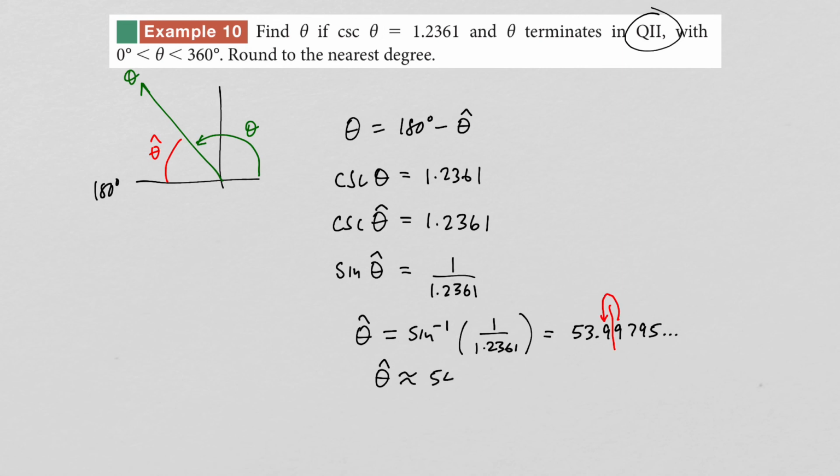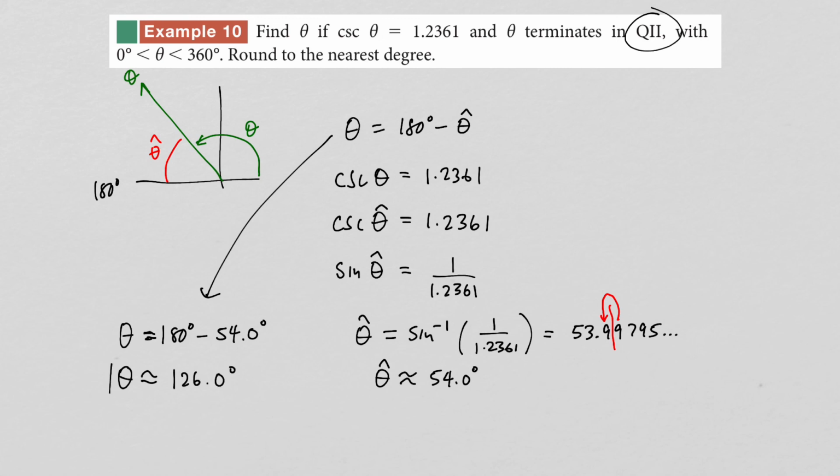So it's 54.0 degrees. So now what is theta? Theta is 180 minus 54.0 degrees, approximately. And when you do the subtraction here, you get 126.0 degrees.